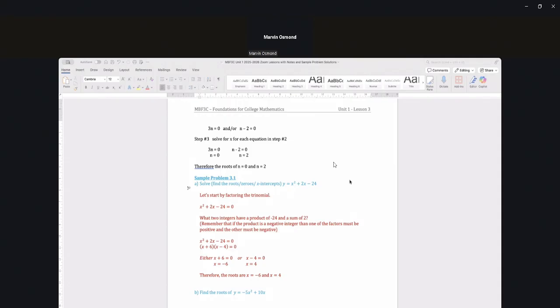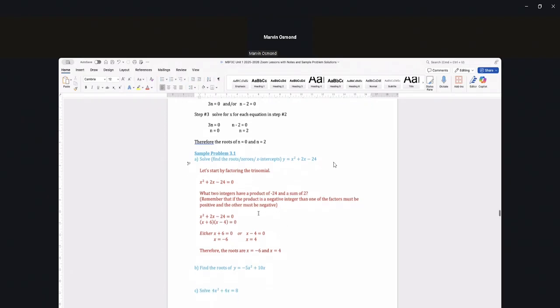We're going to look a bit later at word problems that involve the use of parabolas, and we'll have to determine which one of these equations is best to use to solve the problem. So that's how we find the roots or the x-intercepts or the zeros, okay?